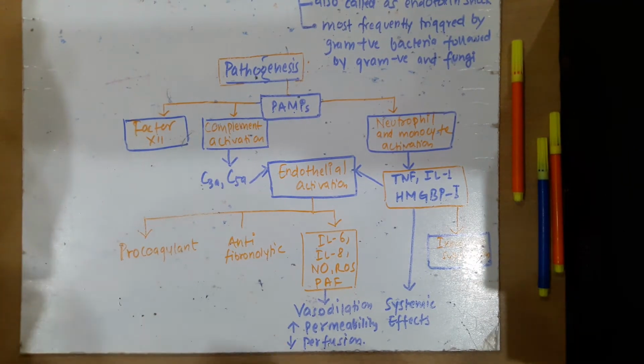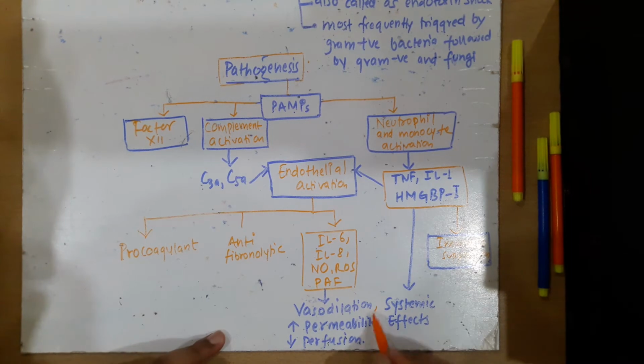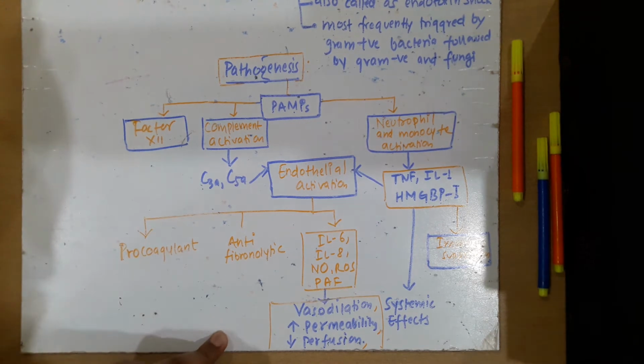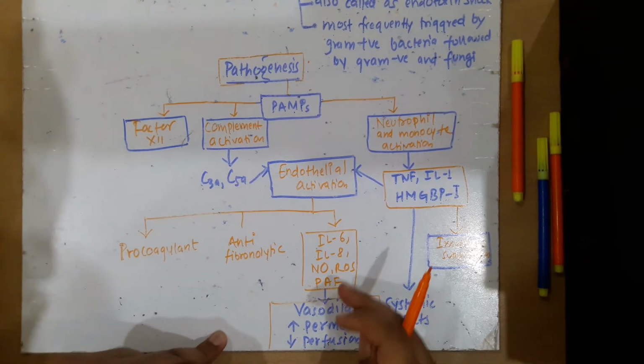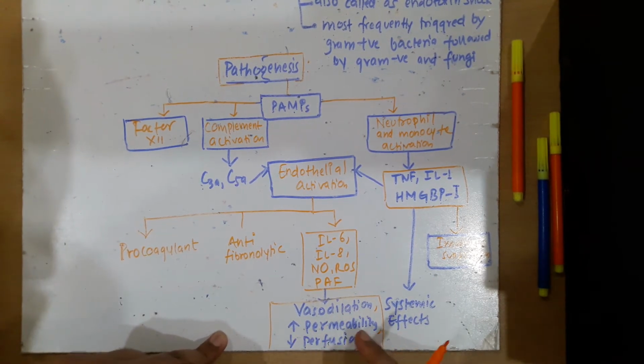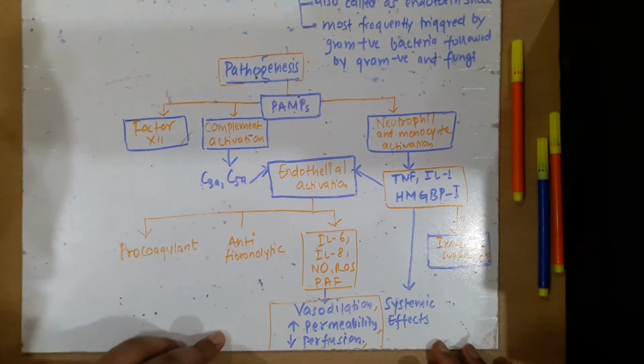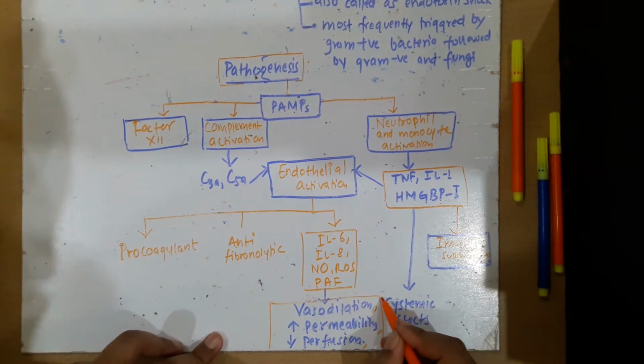These two are different, okay. They are causing vasodilation, comma, increased permeability, comma, decreased perfusion, okay. The factors: interleukin 6, interleukin 8, nitric oxide, ROS, PAF, okay. Vasodilation, increased permeability, decreased perfusion, and these factors are causing systemic effects.